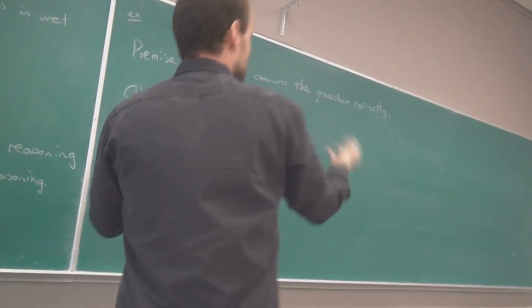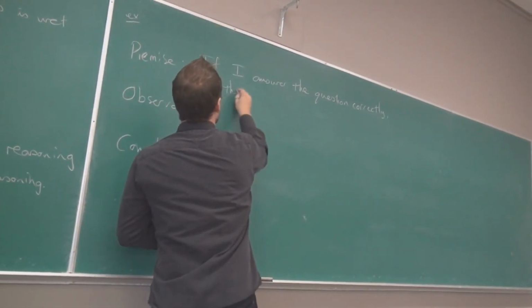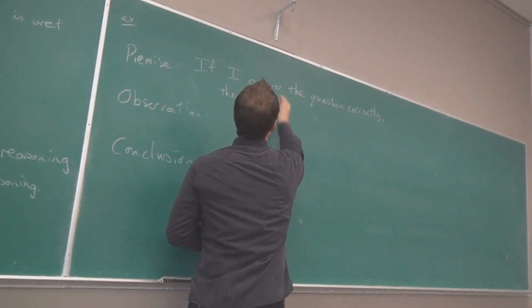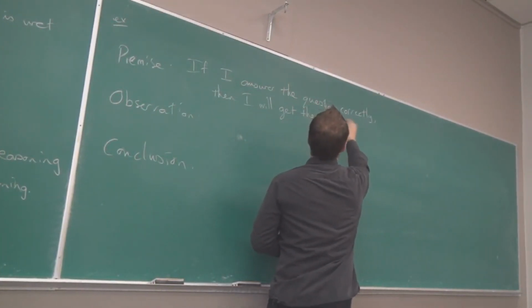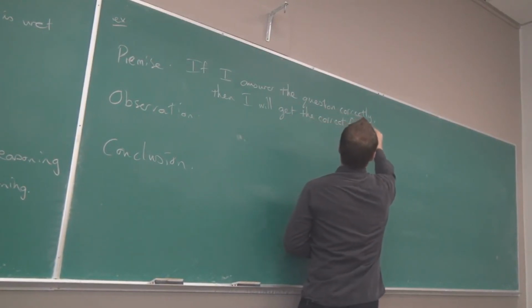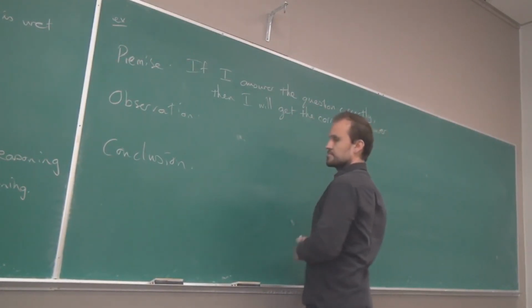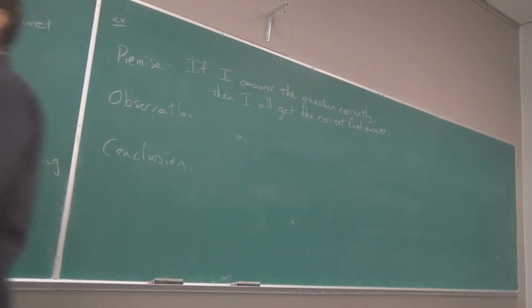If I answer my test question correctly, then I will get the correct final answer. Everyone's going to agree with that. That is definitely a fact. If I answer the question correctly, I'm going to get the right answer. No one's questioning it.